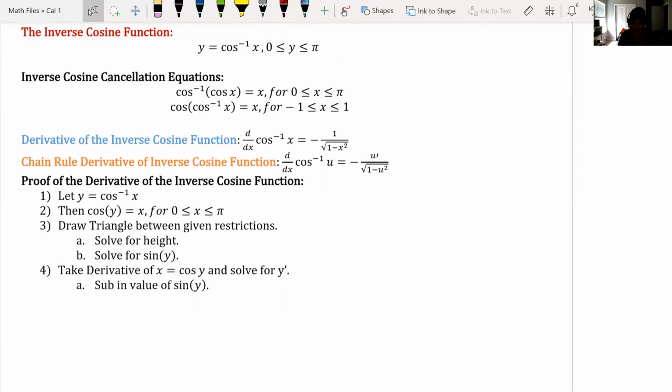Let's go ahead and prove the derivative of the inverse cosine function. You see it there listed. It says the derivative of the inverse cosine is -1 over the square root of 1 minus x squared. And the chain rule derivative for the inverse cosine is -u prime over the square root of 1 minus u squared. So, same exact steps.